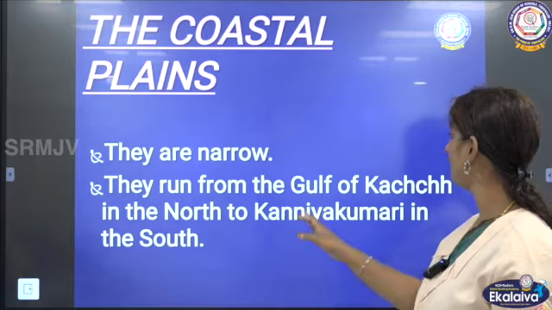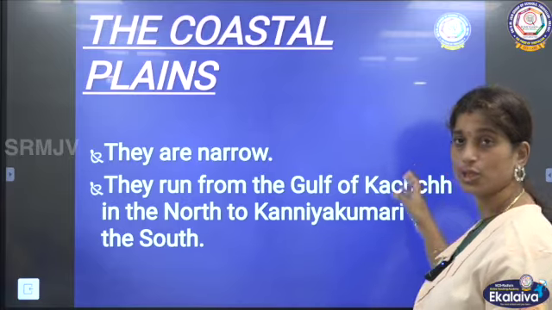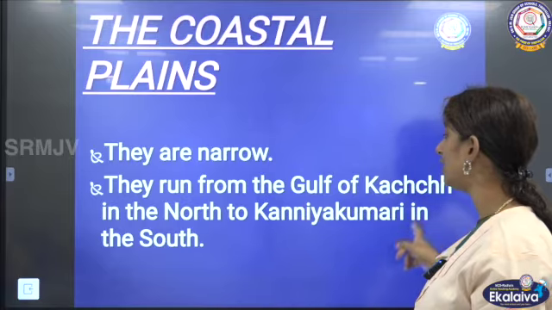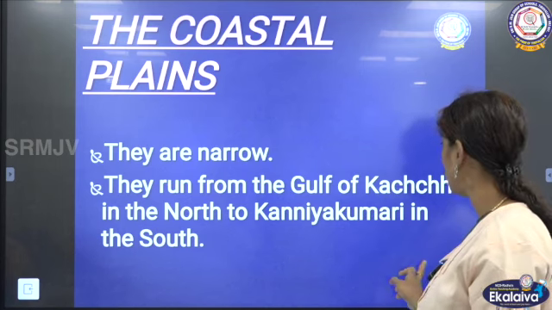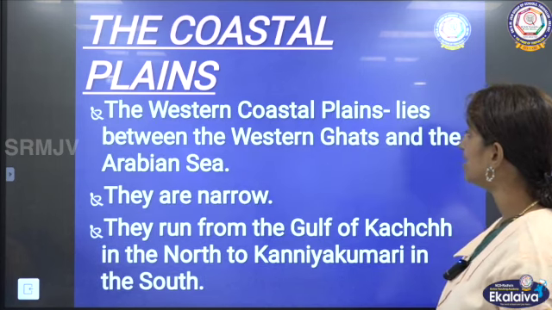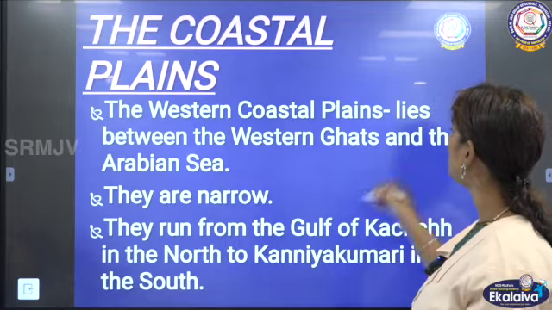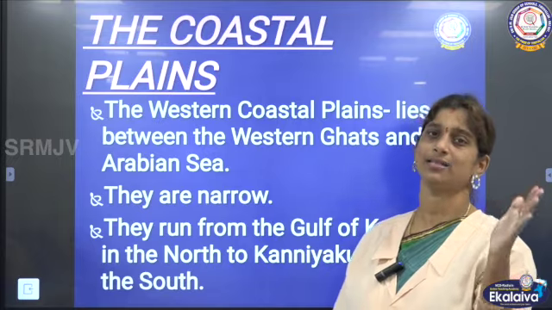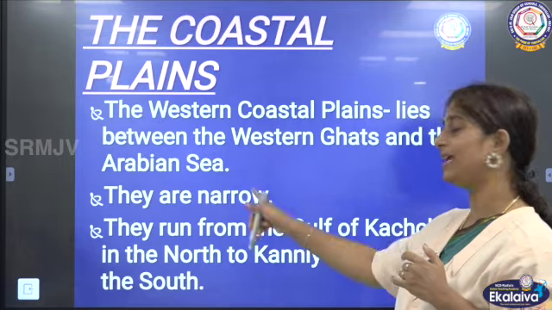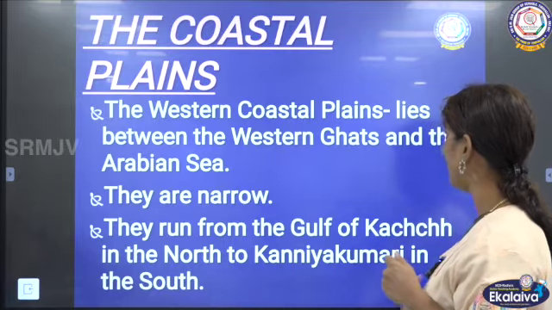So they run from Gulf of Kutch in the north up to Kanyakumari in the south. The western coastal plains, as I told you, lie between the Western Ghats and Arabian Sea, and they are narrow.